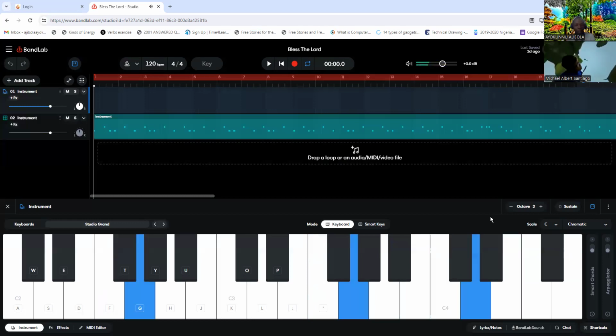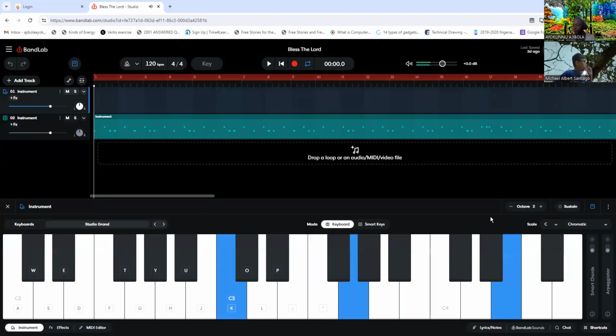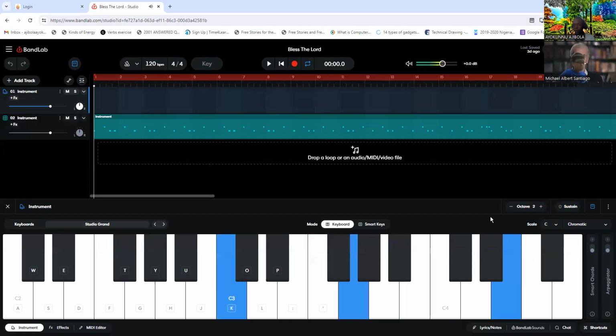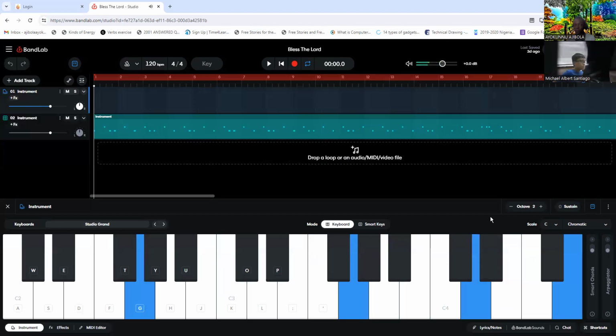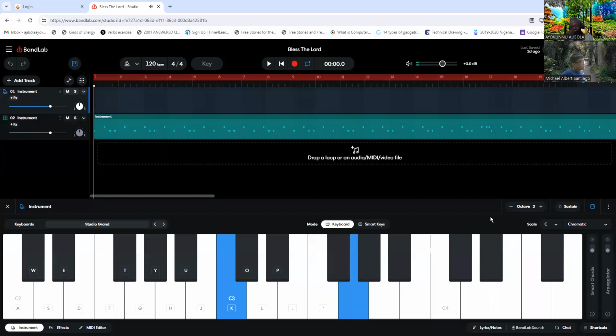So this is chord 5 now. Chord 4 again. 1. Then 4. Chord 1. That's chord 5. And that's the end there. And about the solo, or the verses, this is the note I played.